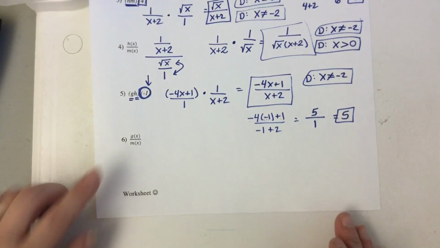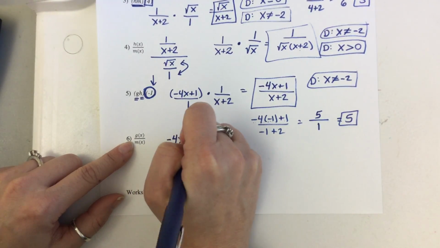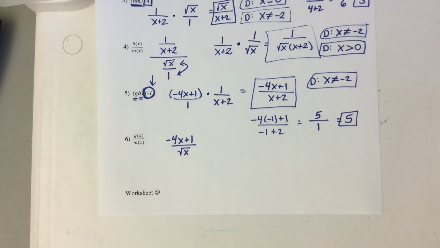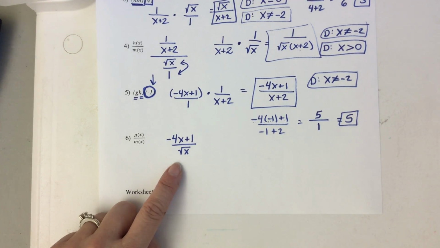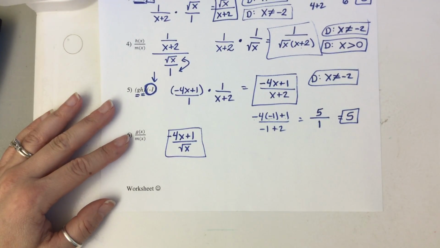Last question. Take g of x, negative 4x plus 1, over m of x, square root of x. Guys, remember? Well, okay, we're going to go ahead and do this. Let's just say you kept it like this, okay? Then we will talk about rationalizing the denominator.